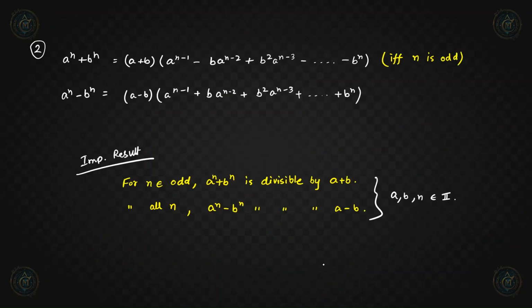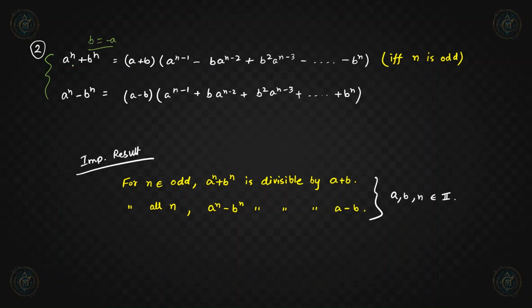Okay. So the next identity we have here is related to factorization. Okay. So we have these two scenarios here. a to the power n plus b to the power n is (a plus b) times this thing. Okay. You can check this by the vanishing method. Suppose you put, let's say, b equal to minus a in this expression.